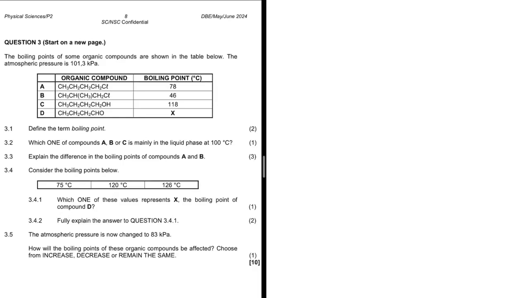Maybe for water, the boiling point is 100 degrees Celsius. If you lower the atmospheric pressure, you would reach the boiling point, let's say at 80 degrees Celsius, way before what it usually is at 101 kilopascals. So this would actually make the boiling point decrease. This is the first time I'm coming across a question like this, but I'm quite convinced that decrease is our answer in 3.5.